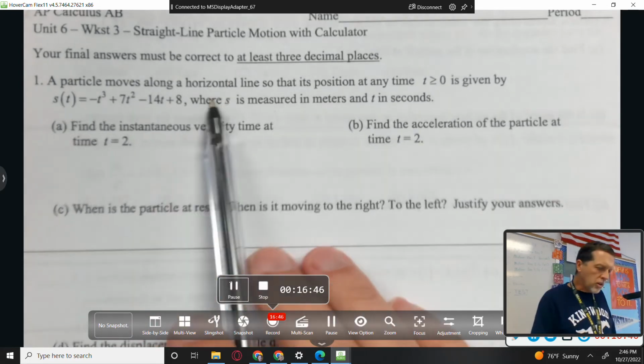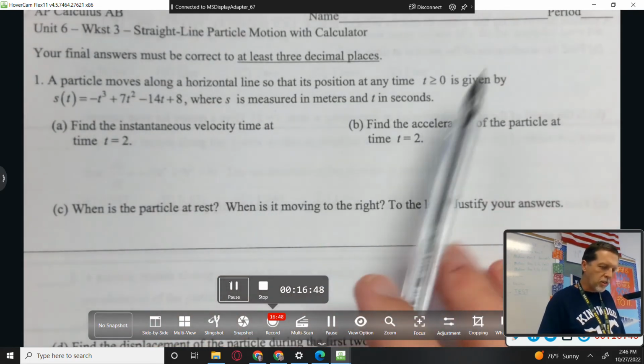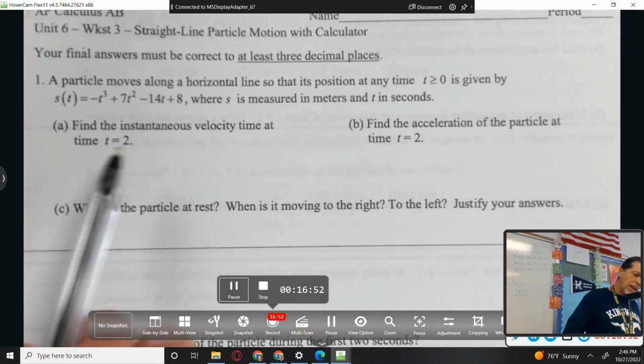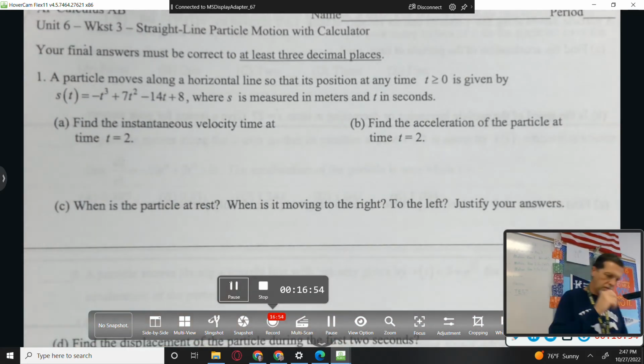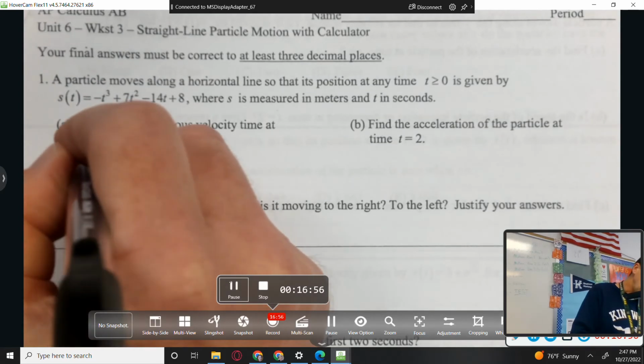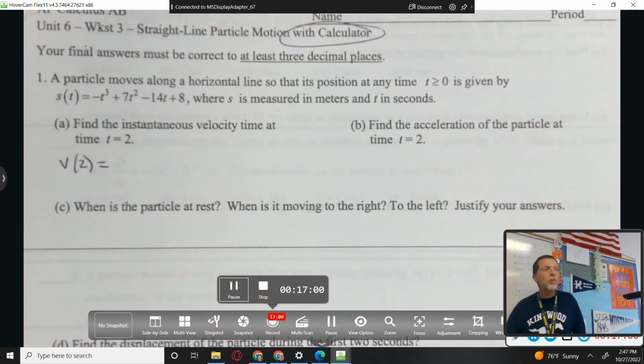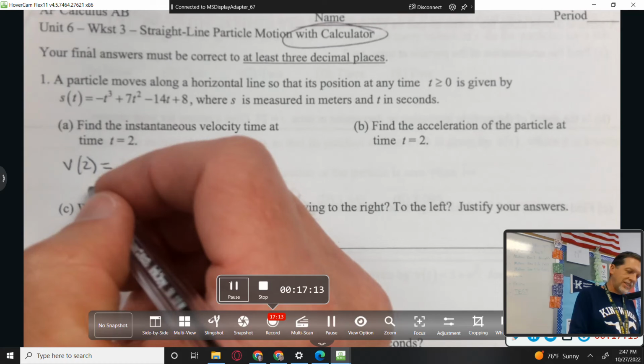A particle moves along a horizontal line so that its position is given by. Find the instantaneous velocity at time 2. Okay, this is with calculator, so you don't have to show all the work, but you do have to tell me how you're going to find velocity at 2. So, how are you going to find velocity at 2? Plug it in. What is the velocity? How do you find the velocity?